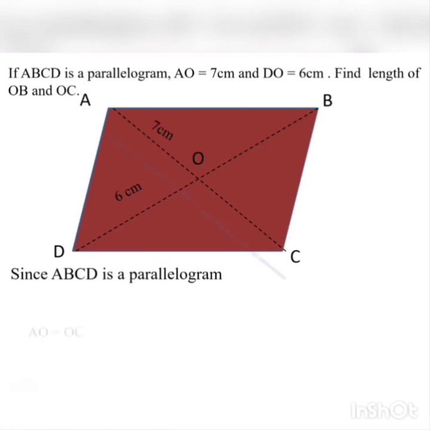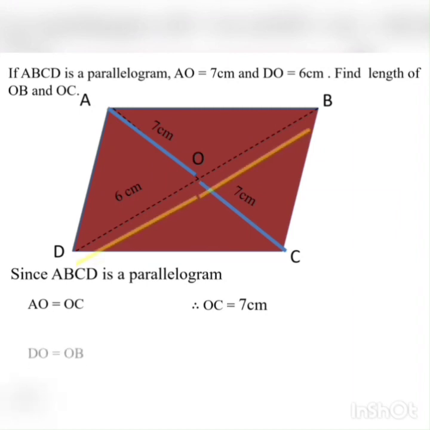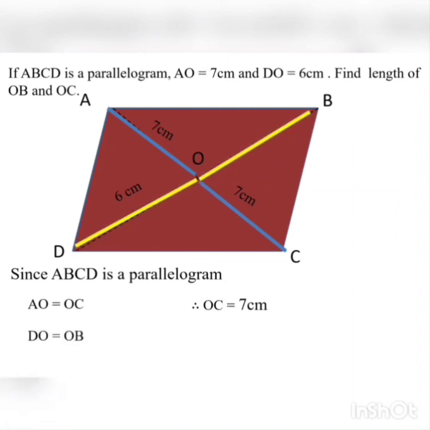Therefore, we can say that AO is equal to OC. And since we are told to find the value of OC, the value of OC will be equal to 7 cm. Similarly, DO is equal to OB and the value of DO is 6 cm. Therefore, OB will be equal to 6 cm.